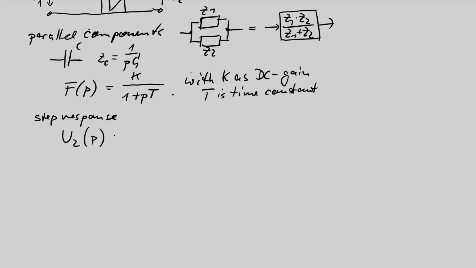In the frequency domain, the U2 step response is the step function with amplitude U0 multiplied with the transfer function of my system, so K divided by 1 plus pT. And this has to be inverse Laplace transformed back into the time domain to get the time signal of my step response, U2 of t.